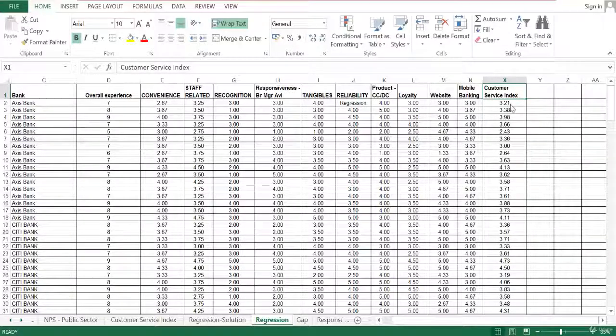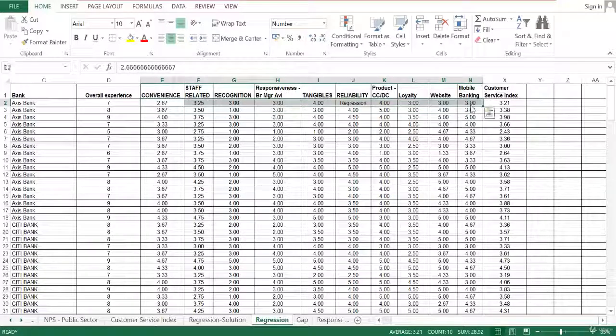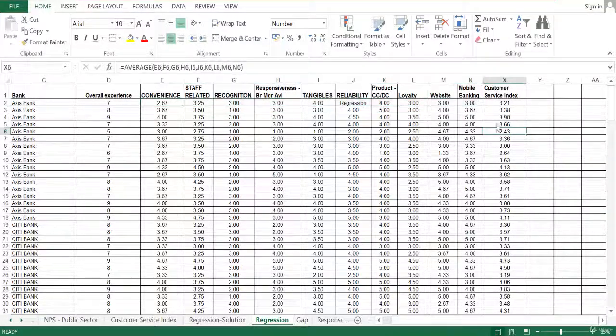CSI is calculated using the average of all the parameters we have taken into consideration. So for all the variables from E2 to N2, the average of those variables is the customer service index for that particular respondent. Similarly, we calculate the customer service index for all the respondents.